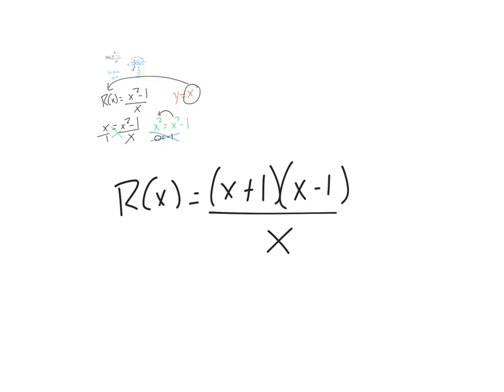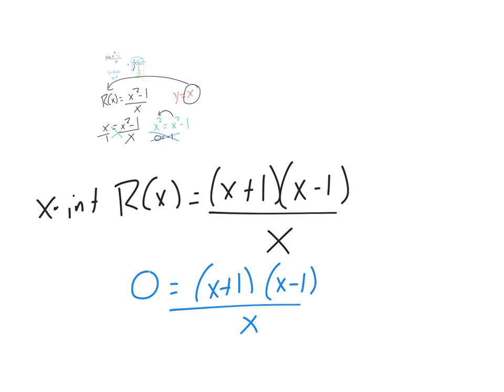So now I'm finding my x-intercepts here. To find these x-intercepts, we would plug in 0 for y. So this will be 0 equals x plus 1 times x minus 1 all over x. Put this over 1, cross multiply. 1 times x plus 1 times x minus 1 is x plus 1 times x minus 1 equals 0 times x is 0.